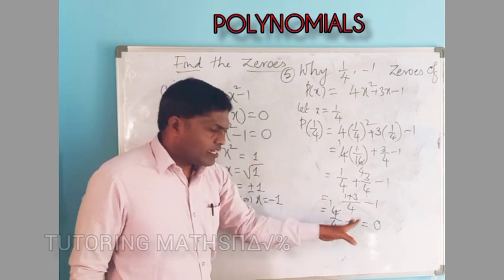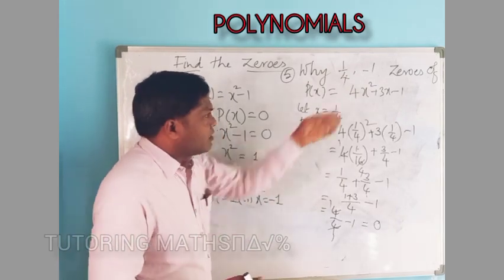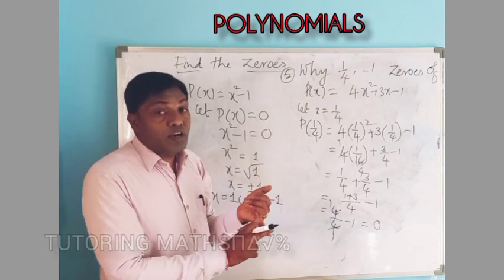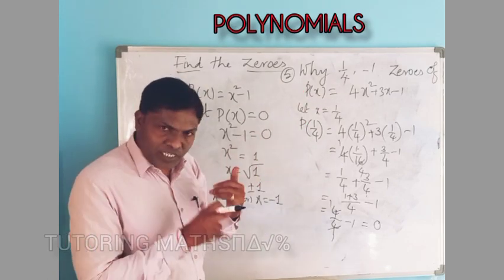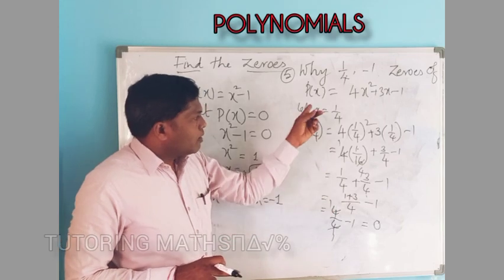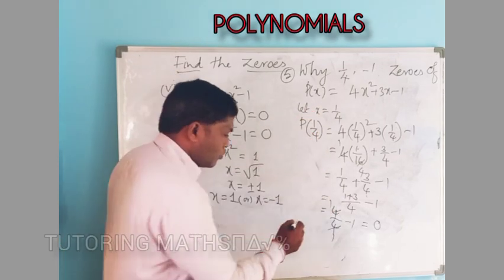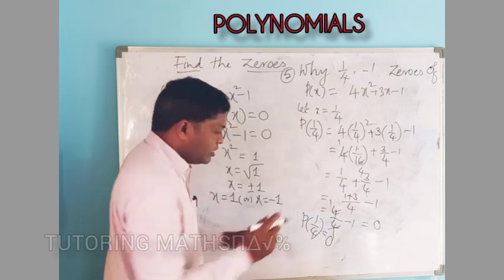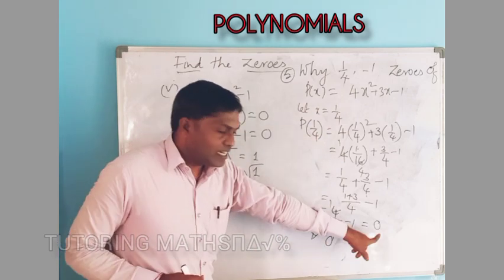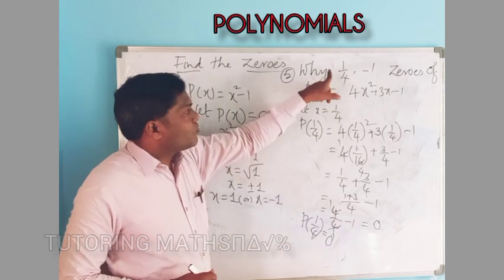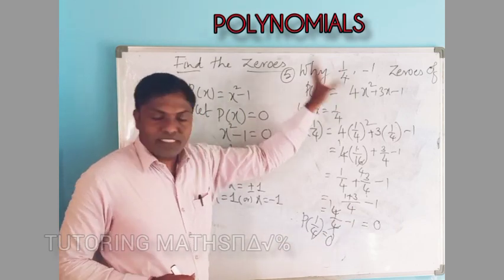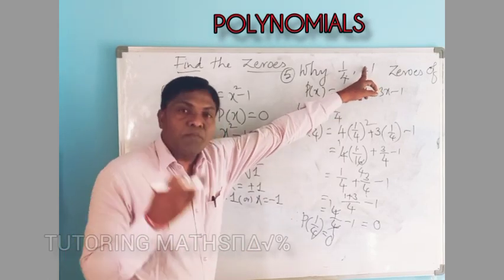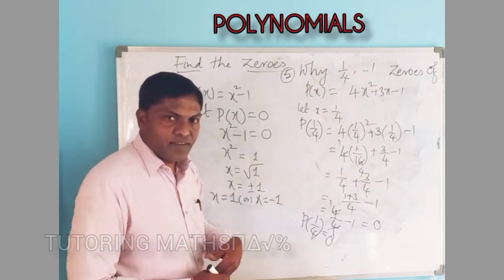If the result is not equal to 0, then you can say that minus 1 is not a zero. But according to this question, both are zeros. Why? Because P of 1 by 4 is 0. Since the P of 1 by 4 result is 0, therefore this 1 by 4 is a zero of this polynomial. In the same manner, you substitute minus 1. That's very easy. Okay.